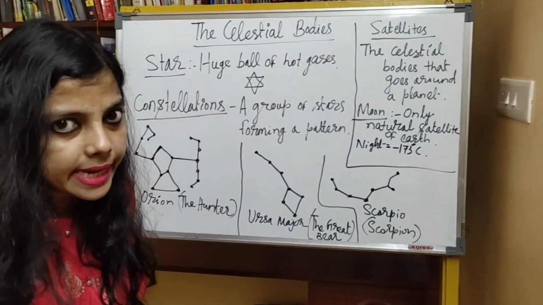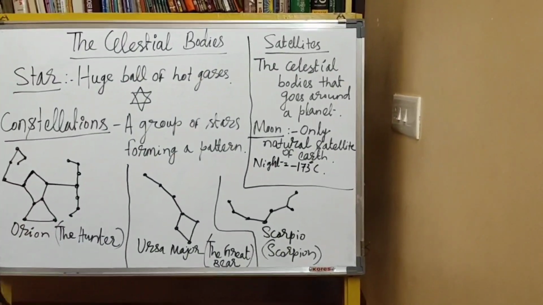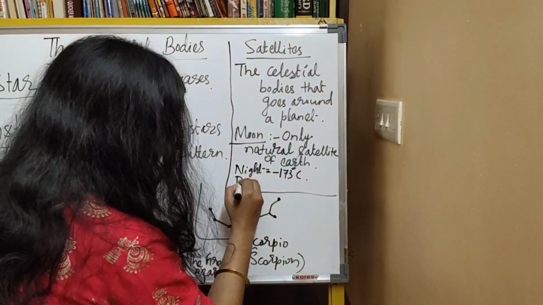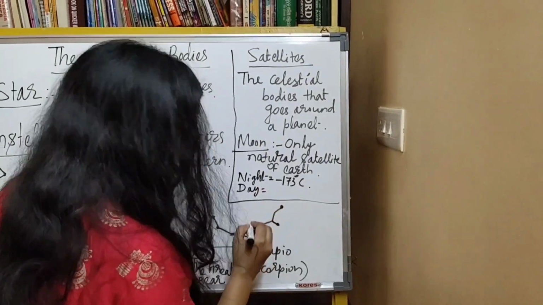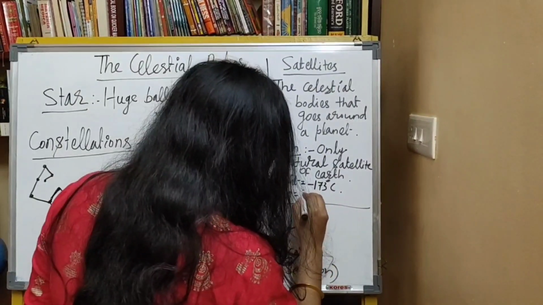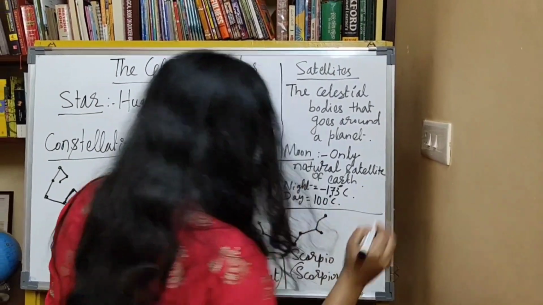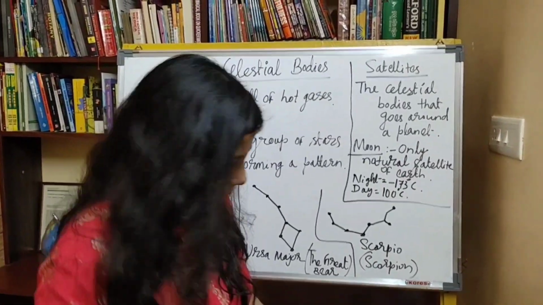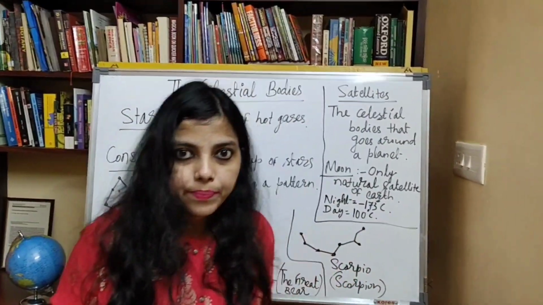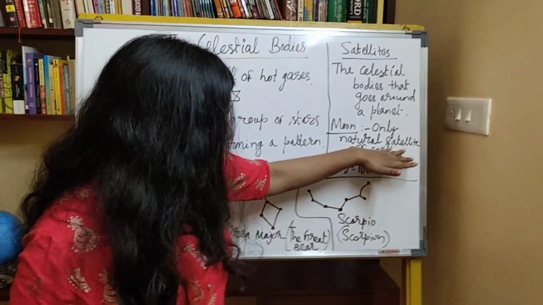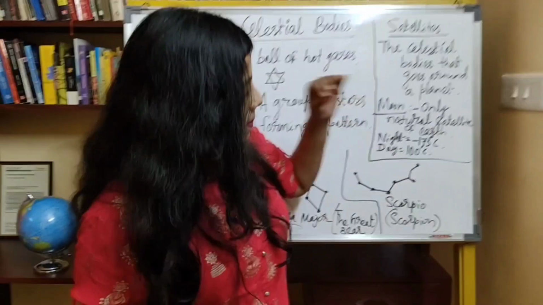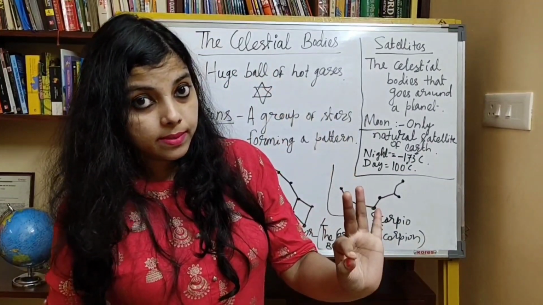And do you know in the daytime, what temperature it reaches? In the day, it can reach up to 100 degrees Celsius. Oh my God. That's so high, you know. So, it doesn't have an atmosphere and the temperature reaches extremes.